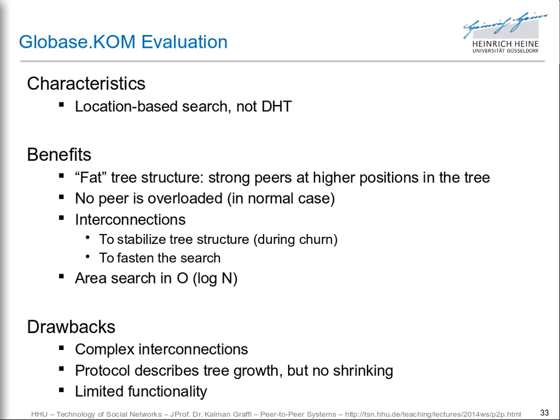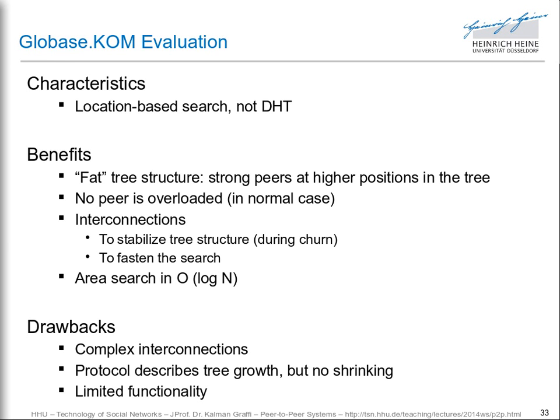And the drawbacks are the following. We have complex interconnections, so we got no specification on the interconnections. If we pick them unhappily, a node might have no advantage from these interconnections. And the protocol describes only the tree growth, but not the shrinking.